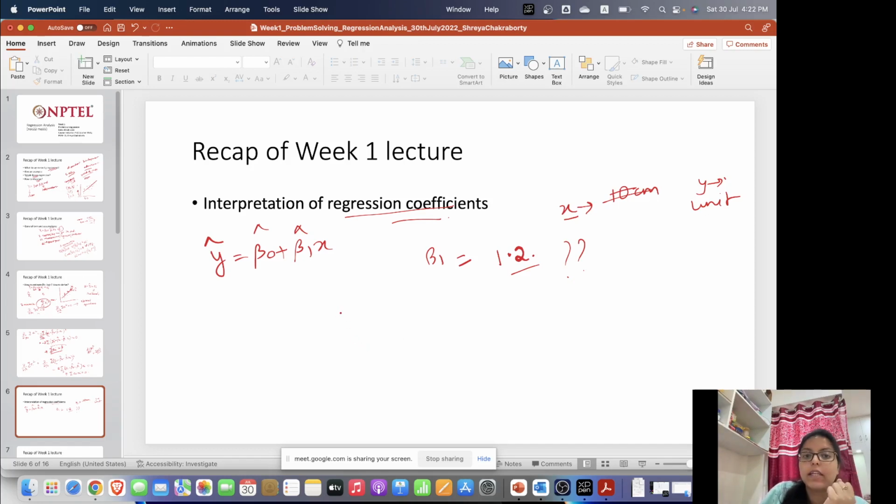Yes, mathematically, but if you have to interpret it in terms of this equation, what can you say?